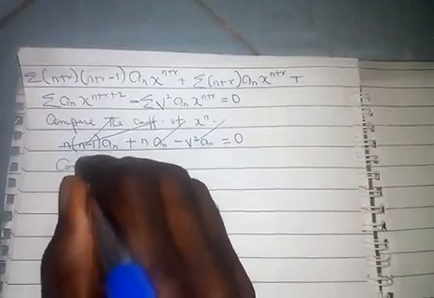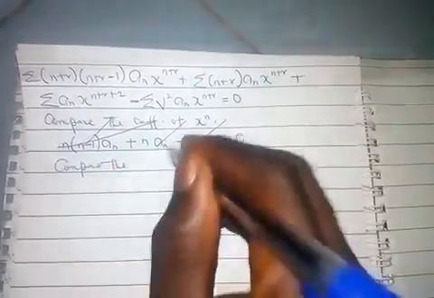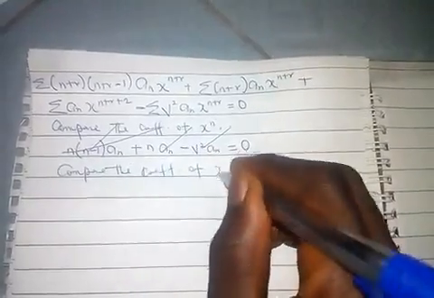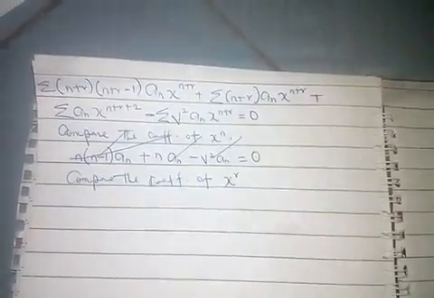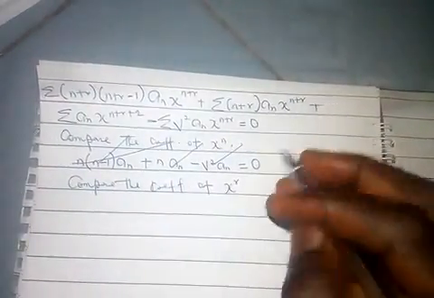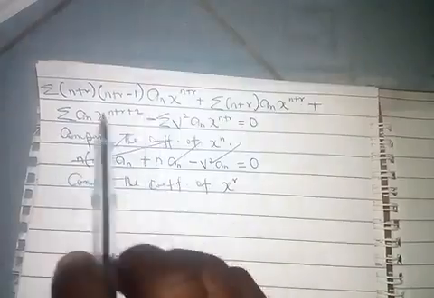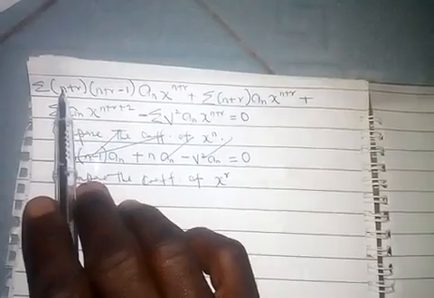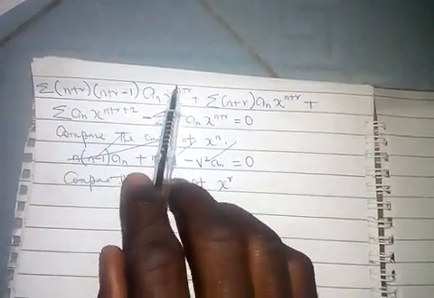I'm sorry, there's an error here. We have to compare the coefficients of x^r, not x^n. It's still the same pattern anyway, of x^r. That means n will be 0. We just turn it around. So at n equal to 0, here we have x^r.